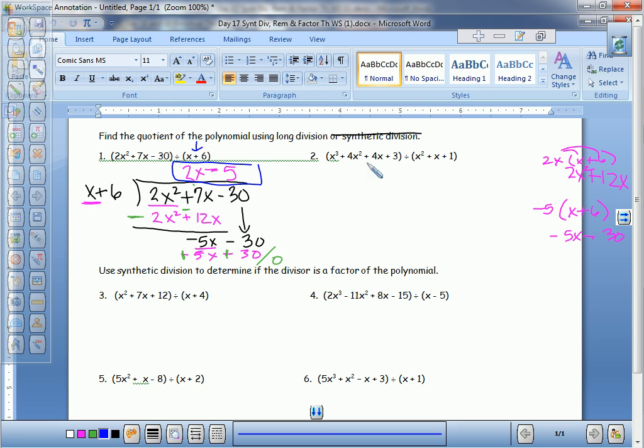All right, number 2. The only way we can do number 2 is long division. So we're going to put all our stuff out here, and then the dividend goes under here. And even though it looks like a long problem, it's not really. Okay, so what do you multiply x squared by to get x cubed?